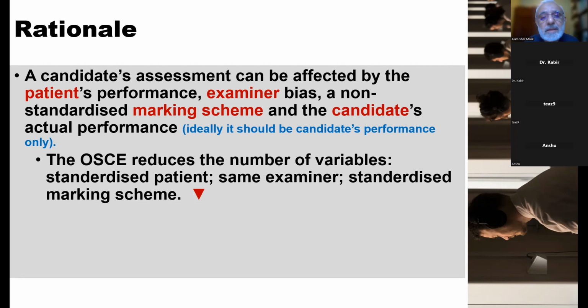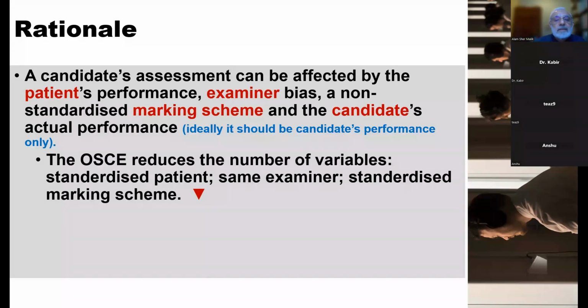Second, the examiner behavior, examiner bias. Third, the marking scheme. And fourth, the candidate's actual performance. Now, these are four factors which are affecting a student's performance. Ideally, it should be only the candidate's actual performance.